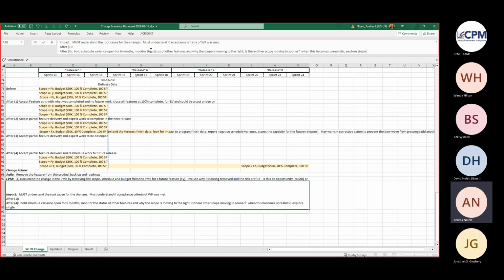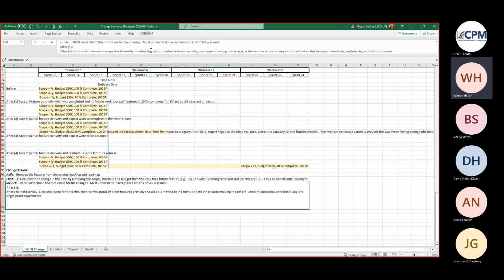Do you guys believe that single point adjustments are still bad? Does anyone have any thoughts or feelings? I think it all depends on the intent of the single point adjustment. Why are you doing it, right? I'm talking just in general with how we view them with EVM when we're looking at it from the oversight perspective. We really investigate what is the rationale, because we've seen where companies are just trying to hide bad performance.